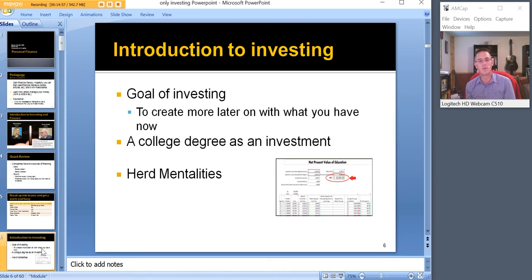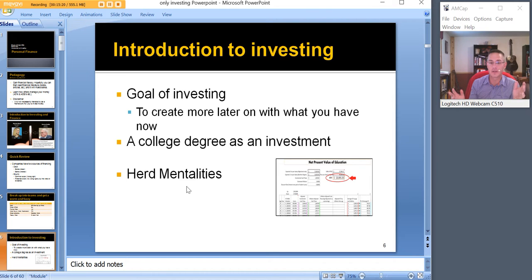Now, one of the things we'll talk about is herd mentality. Good investors are very aware of what a herd mentality is. A herd mentality is chasing after something simply because everybody else is doing it. It looks like the hot buy.